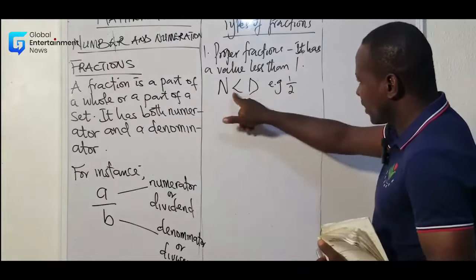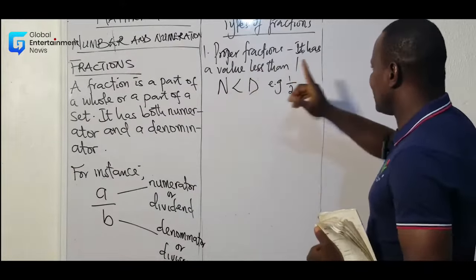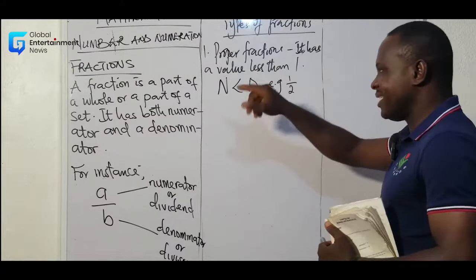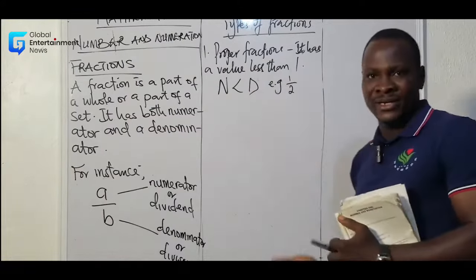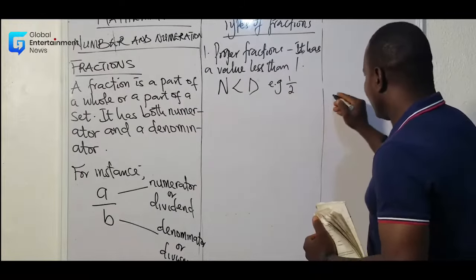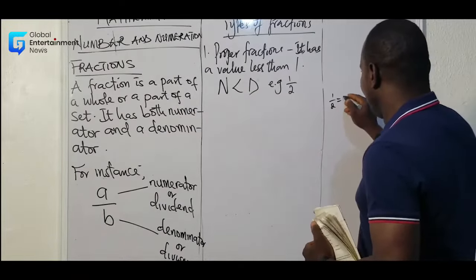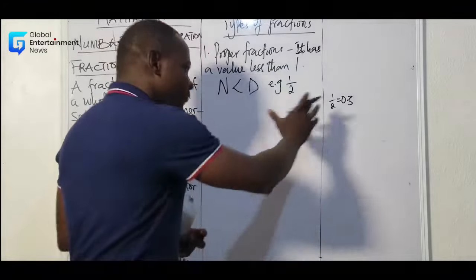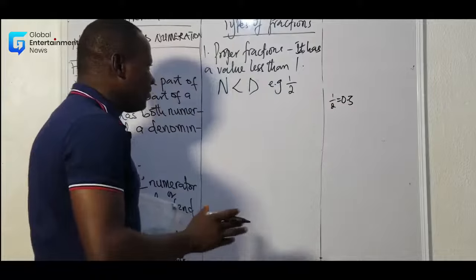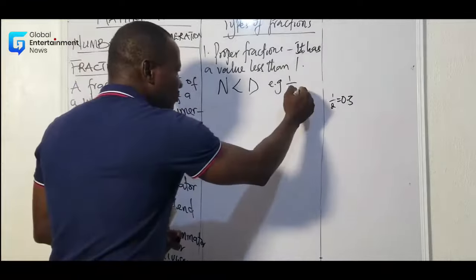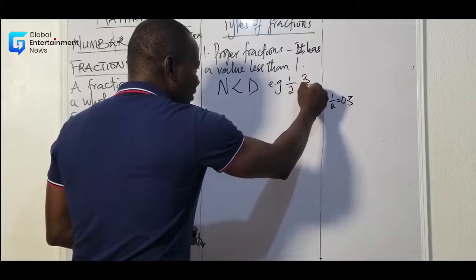The 1 is less than the 2, which means the denominator is greater than the numerator. If you divide this, 1 all over 2 gives me 0.5. Looking at it, you can see it's less than 1. Now, we have another one, 3 all over 7.